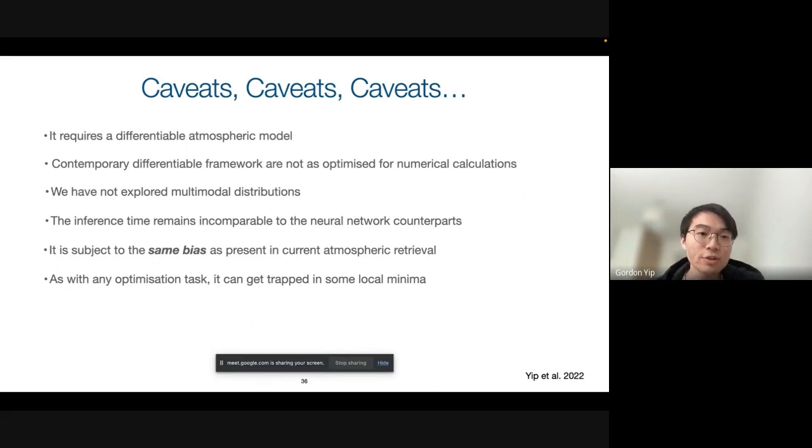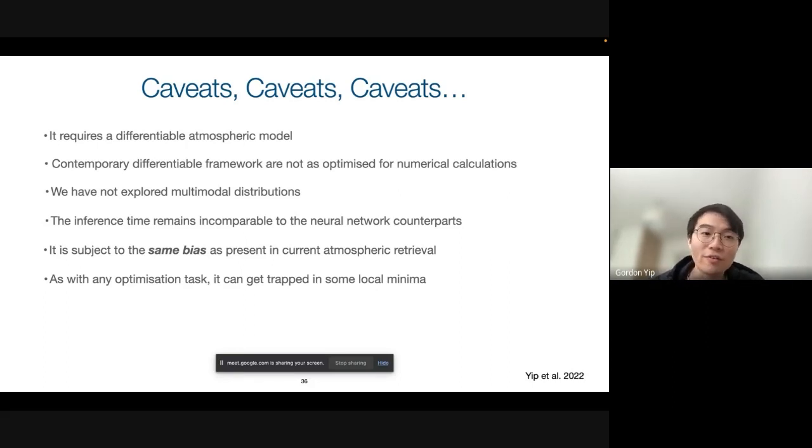So the first major drawback is that it requires a differentiable model. If you want your model to be automatically differentiable, you have to apply it in specific frameworks such as TensorFlow, PyTorch, or JAX. And that requires you to rewrite your entire algorithm, because usually people do it in Fortran or Python.